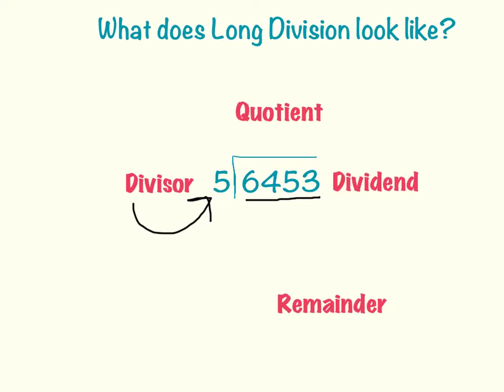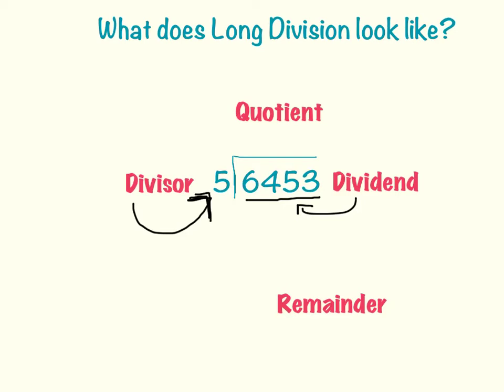So in this problem, our dividend is 6,453. And we're going to divide 6,453 by 5. Okay, so that means that we have 6,453 things, and we need to give those to 5 people. That would be one way to look at it.